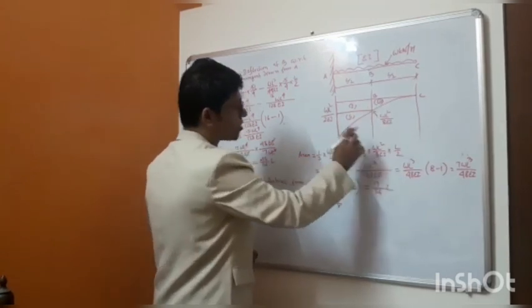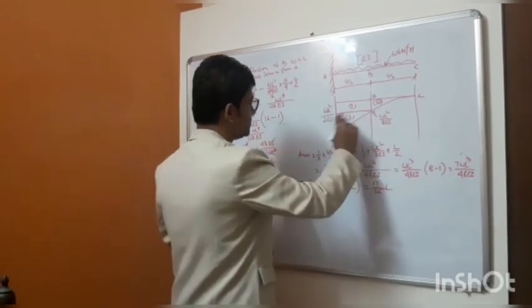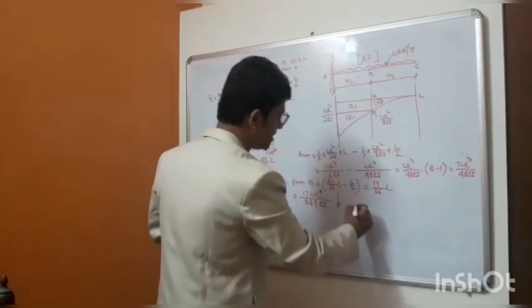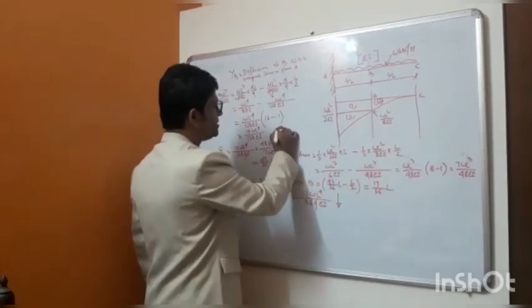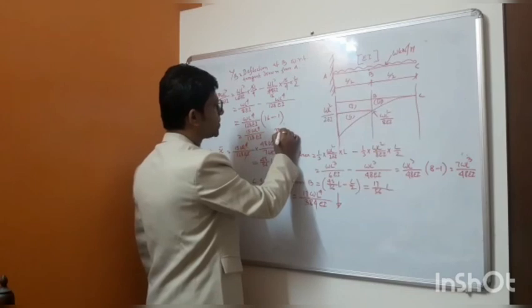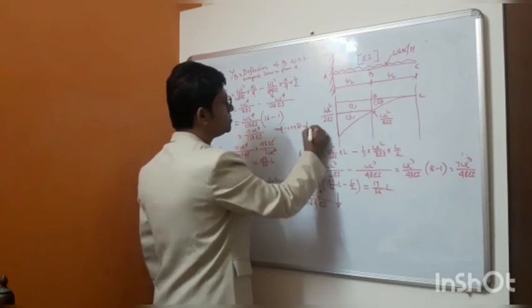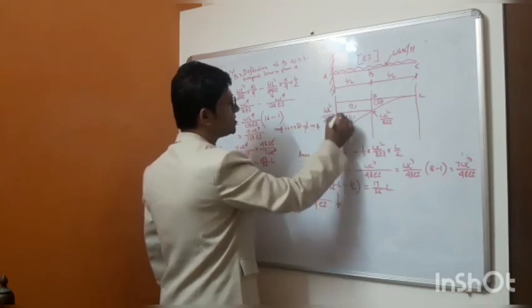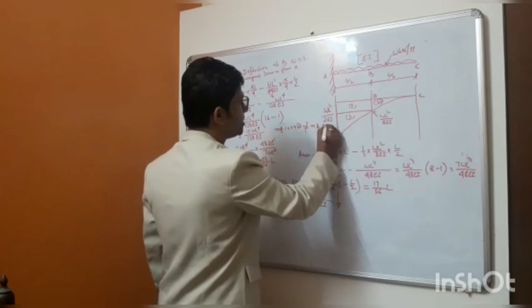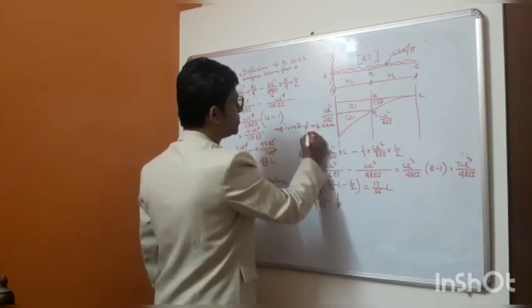But it is not like that, the area of 1 plus 2 plus 3 is never equal to the area of the whole parabolic curve.